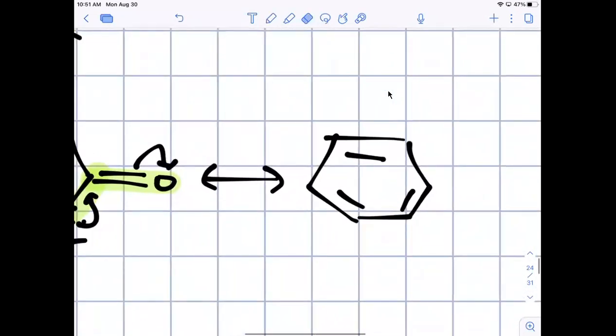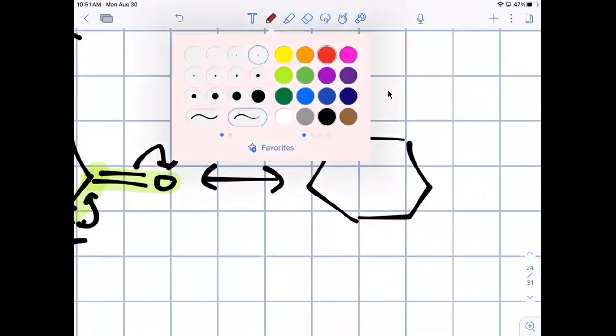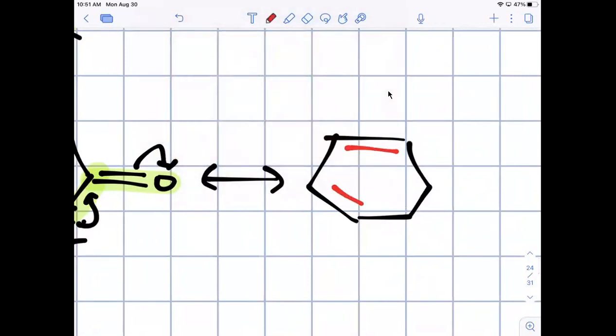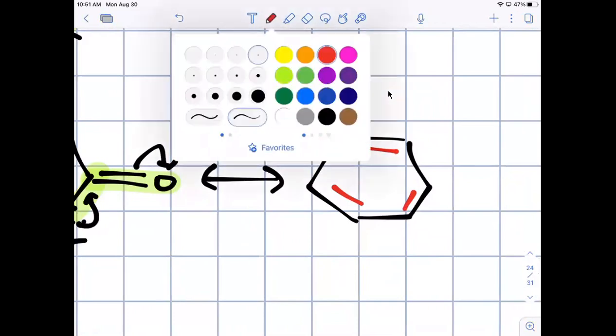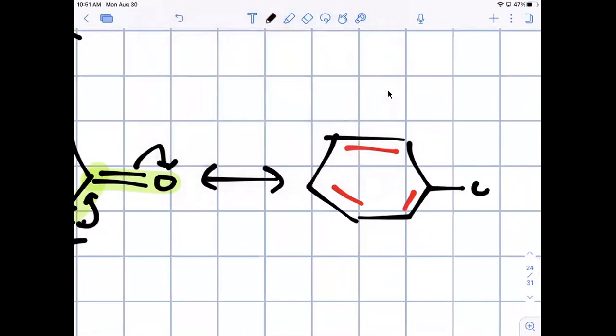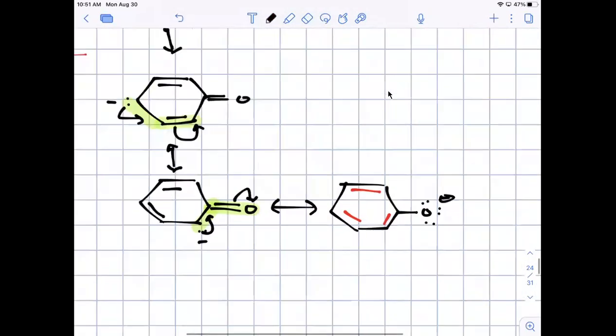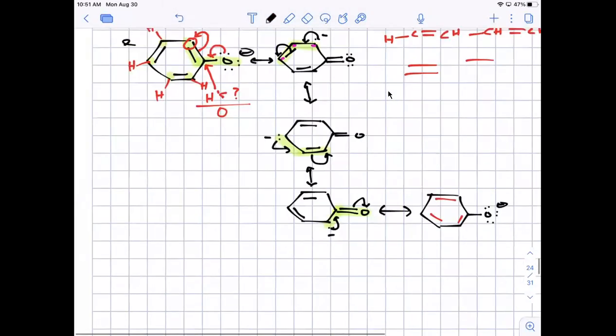Actually, what I'm going to do is change the color of the alkenes so you can see the difference. See that? Compare that to what we started with. What happened to the bonds in the ring? They all shifted one. That's exactly right. They all shifted.